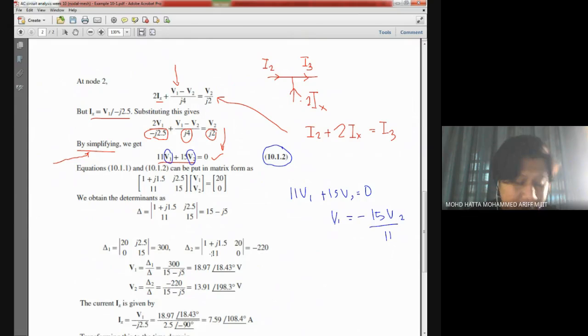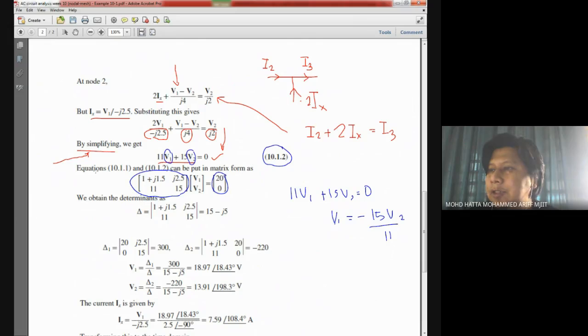One more option, maybe you still need to put it in matrix form and try to get the inverse matrix of this. You can also use the inverse of this matrix and multiply with this 2 by 1 matrix. That also can.